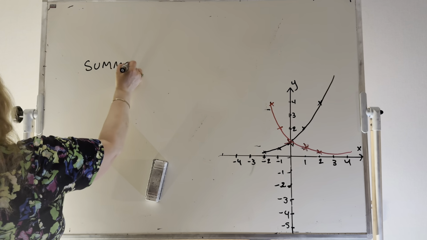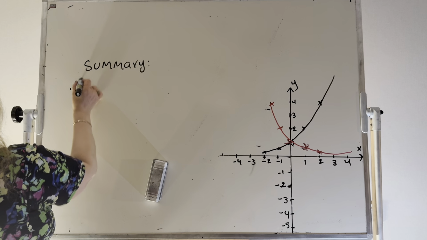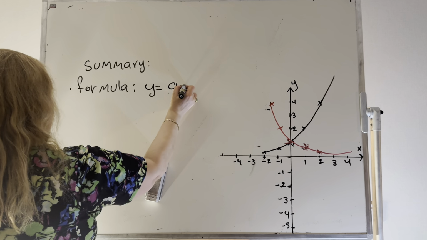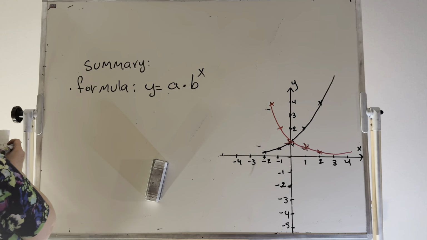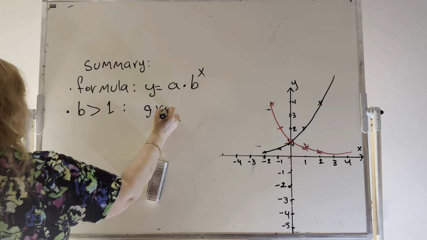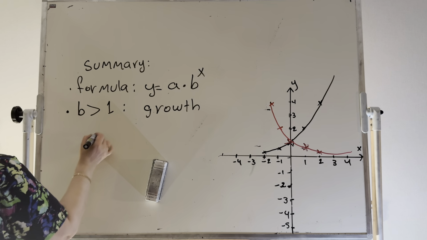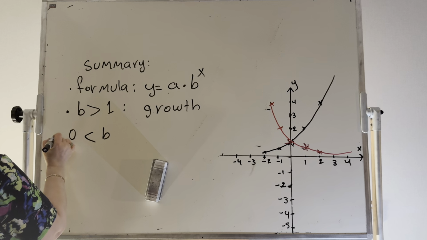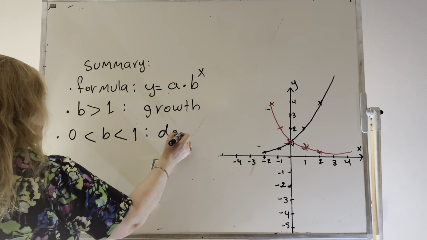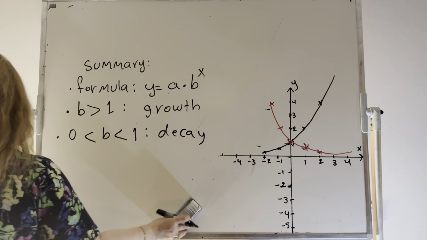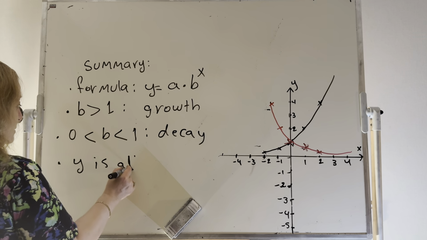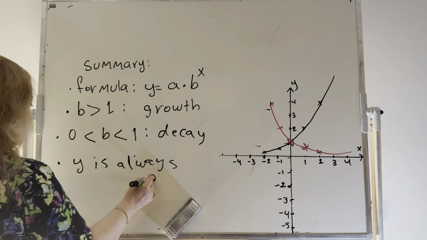Summary. Formula: y equals a times b power x. b bigger than 1 is growth. b bigger than 0 and smaller than 1 is decay. y is always positive.